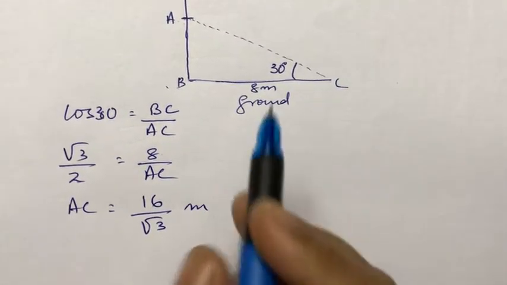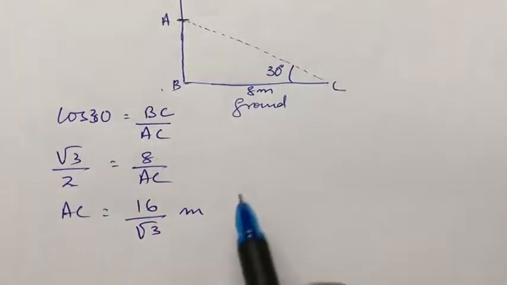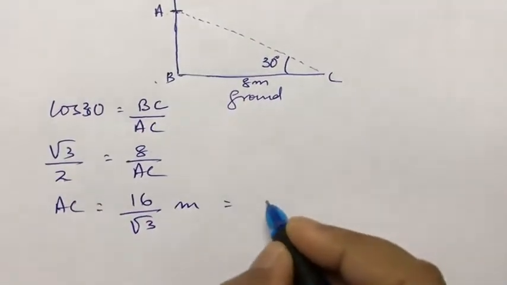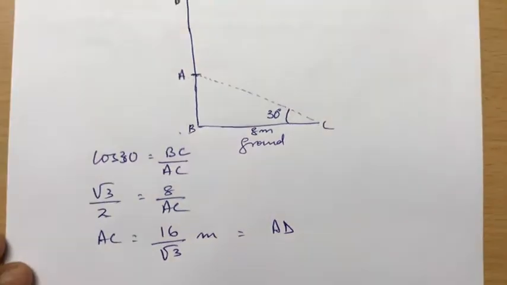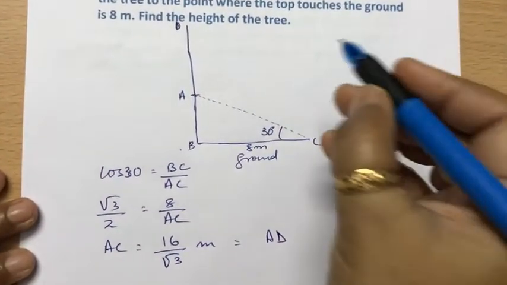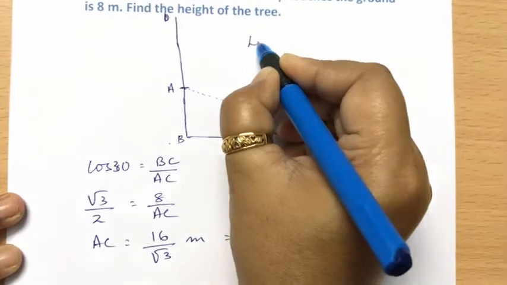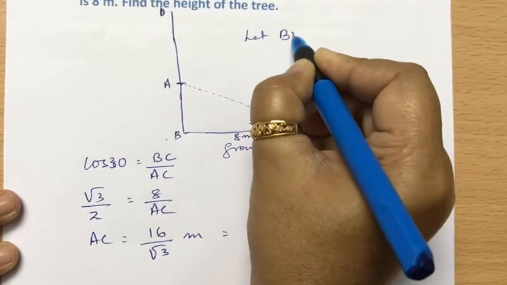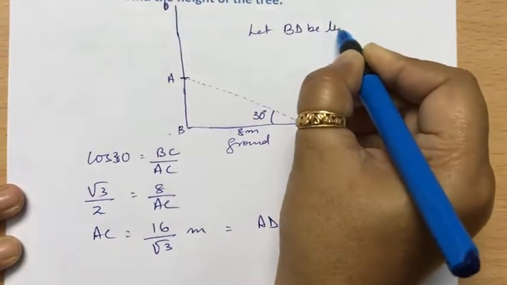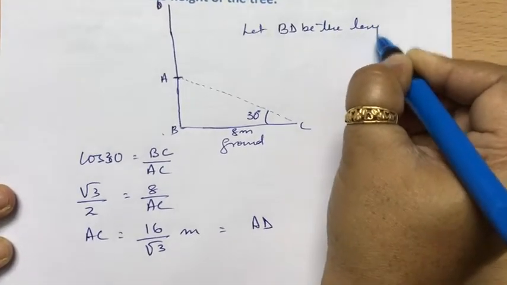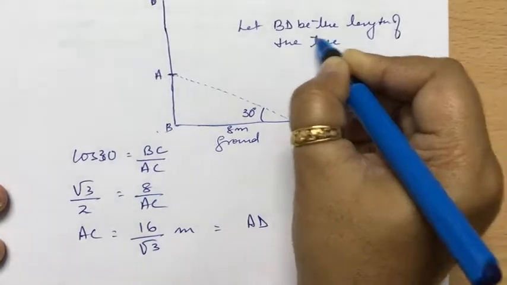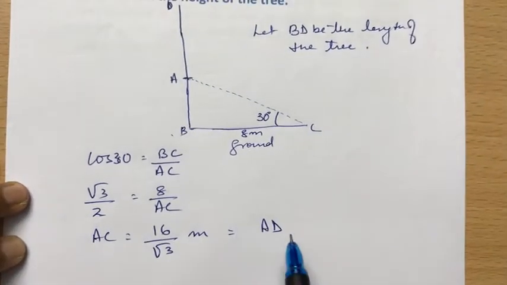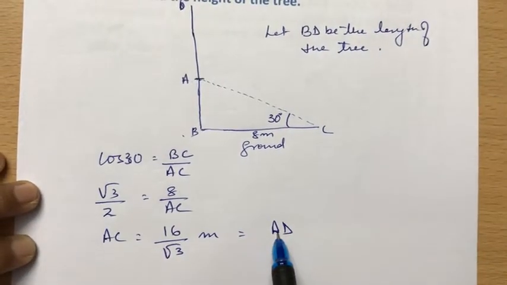Okay, so now we have got AC, which is equal to, as I told you, it is equal to AD. Okay, so before that let me write that let BD be the length of the tree. Okay, so now you have got AC. Fine.